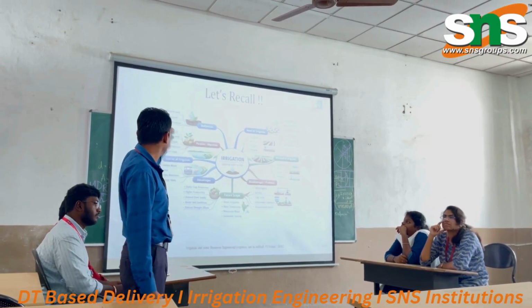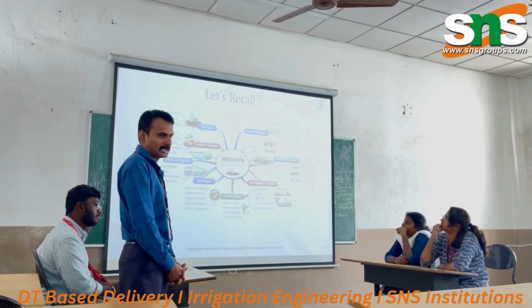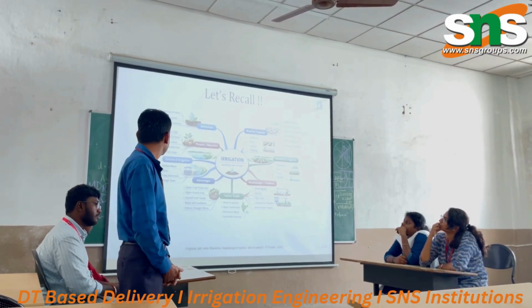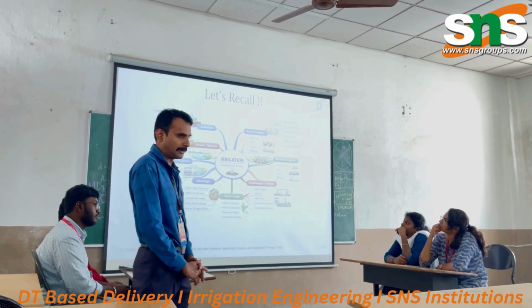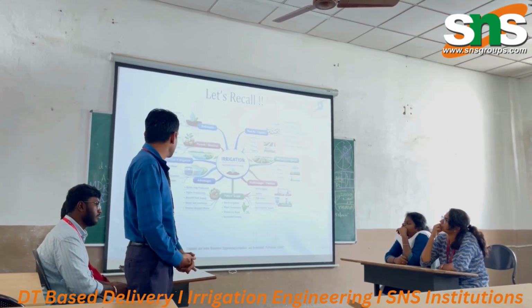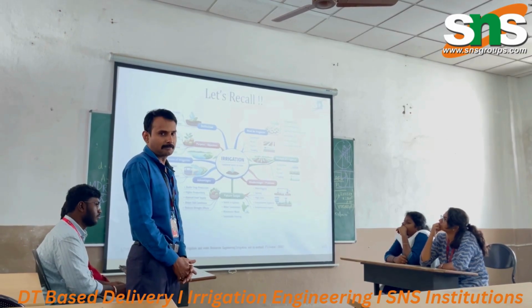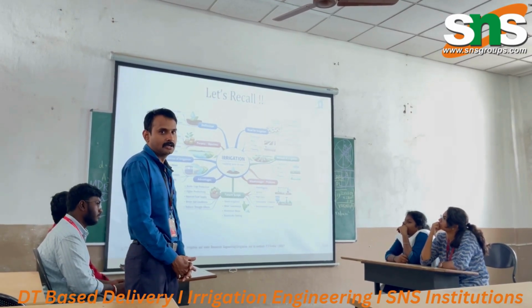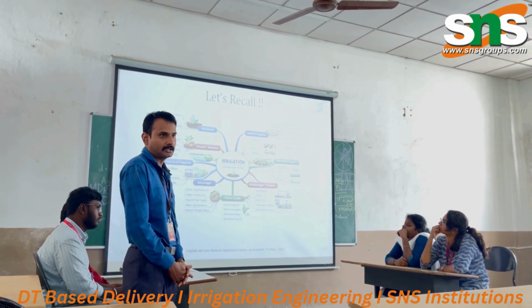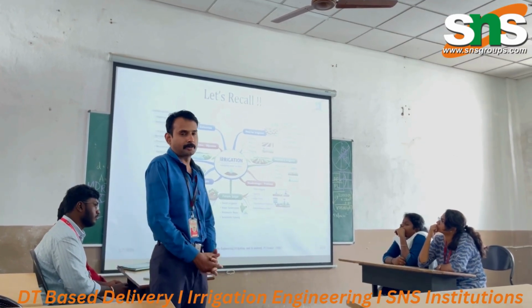So what is the definition of irrigation? It is an artificial method of application of water to the crops, and it is used to support plant growth, ensures adequate moisture to the plants so that water is supplied and nutrients are properly absorbed by the roots of the plant for greater productivity and yield.